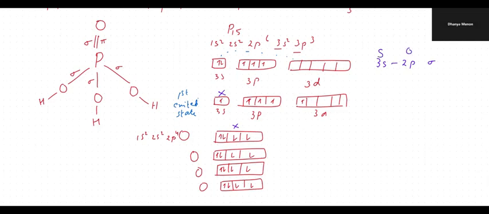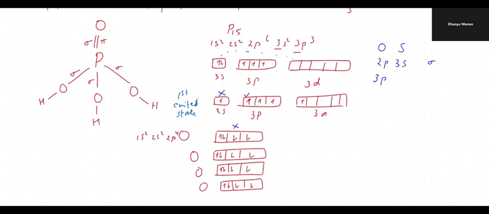Okay, again, I have the 3p orbital of sulfur. Sorry, I'll write oxygen first and then sulfur. So 2p and 3s to form sigma bond.